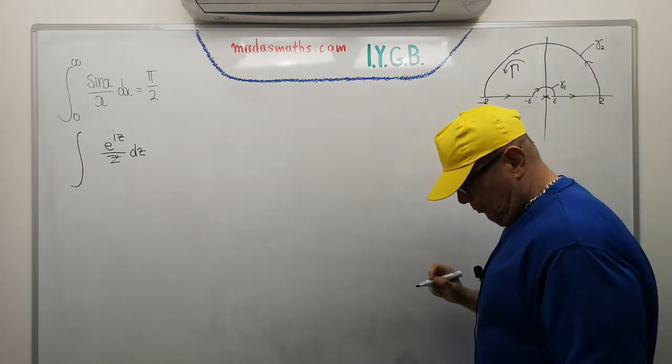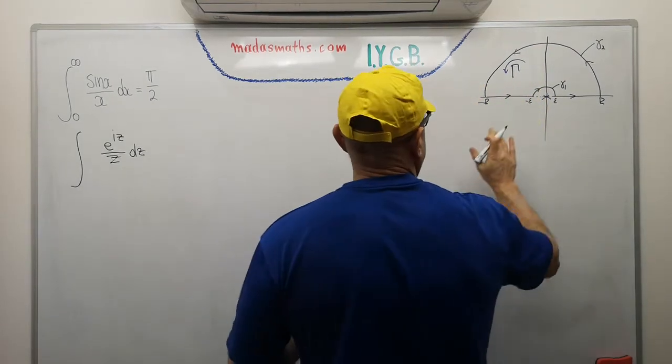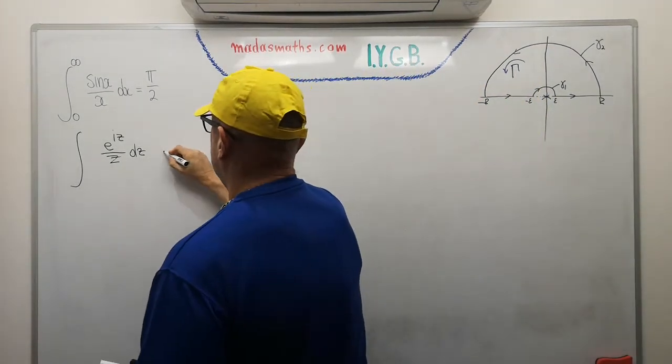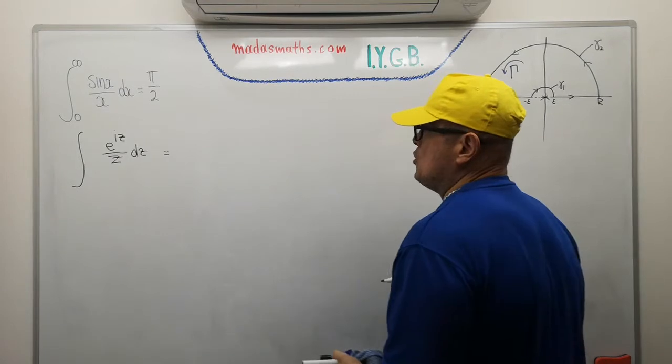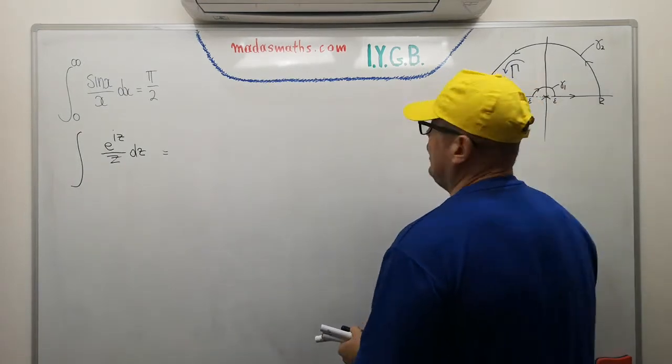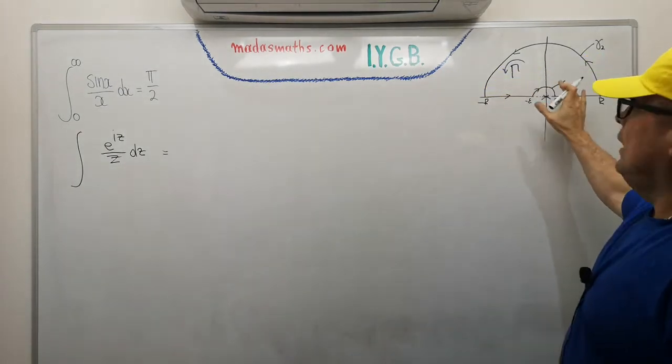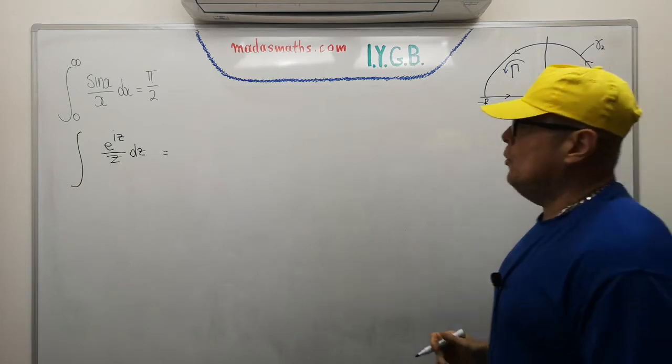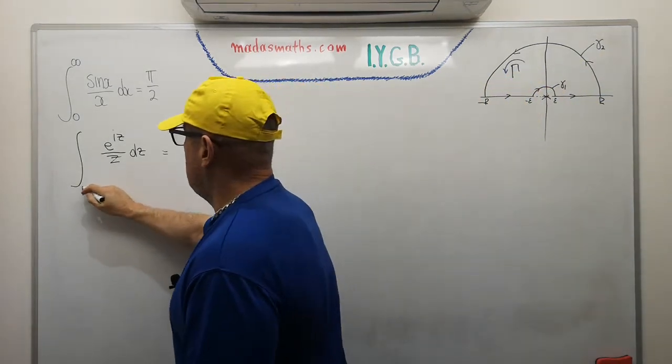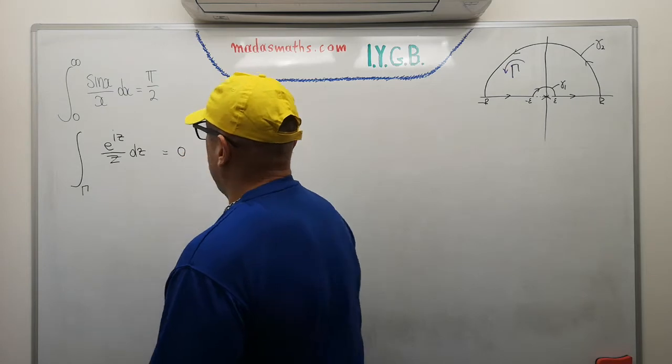So we're ready to go. So by the residue theorem, or in this particular case by Cauchy's theorem, because there are no poles inside our contour here, this particular integral around big gamma should of course produce 0.